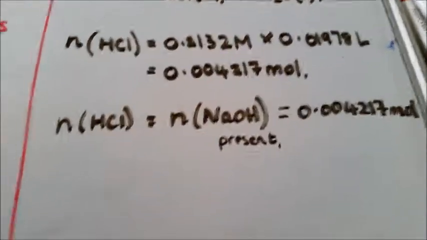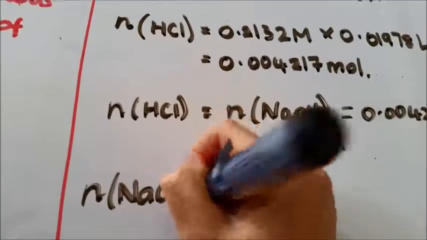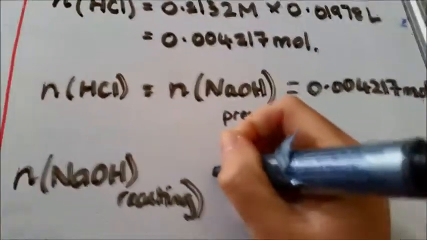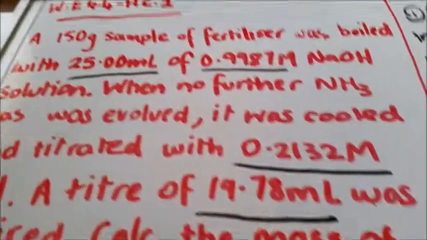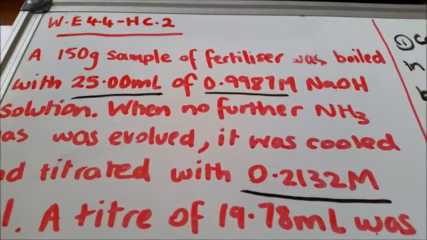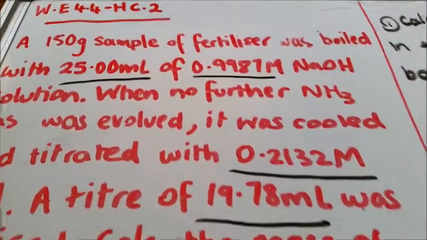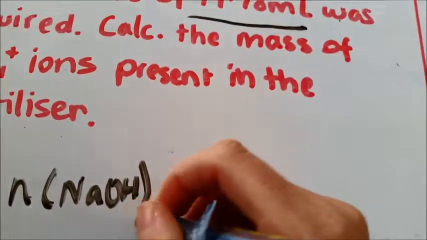Our next step is to calculate the amount of sodium hydroxide that's actually reacting. I'm just going to write reacting here too, just so I can figure that out. The way we do this is to take our original amount of mole, which we haven't actually dealt with yet. So we're told that we've got 25 ml of 0.987 molar. So let's just very quickly figure out our amount of sodium hydroxide at the start.